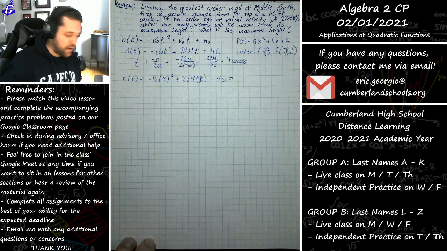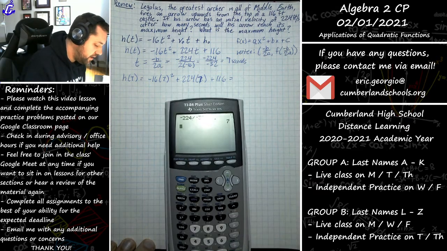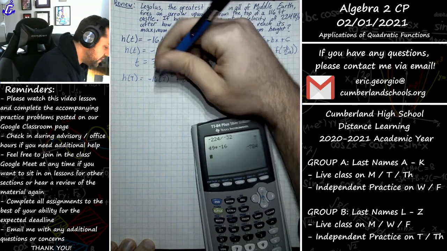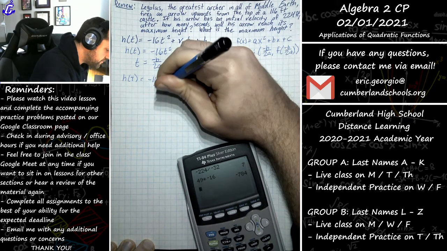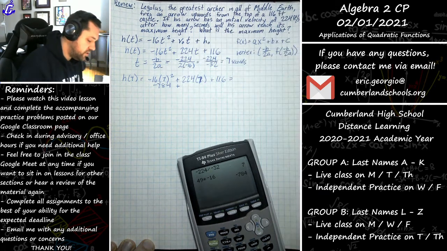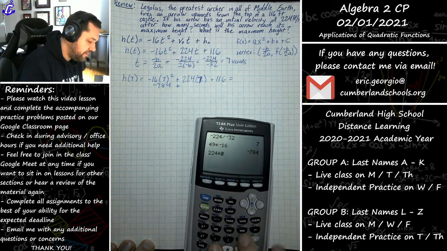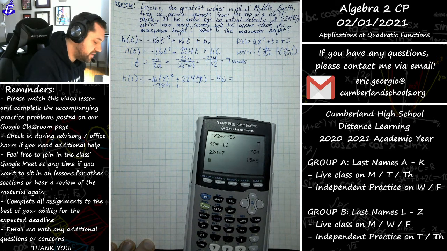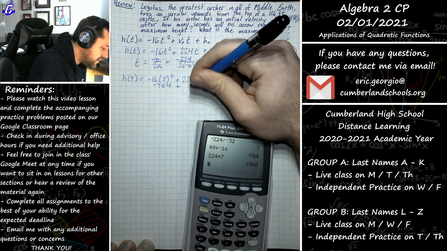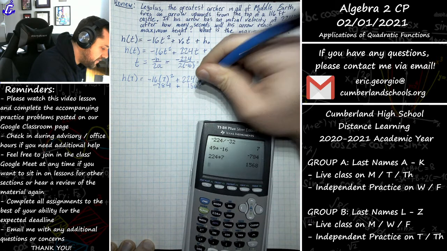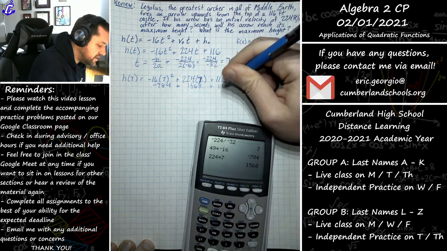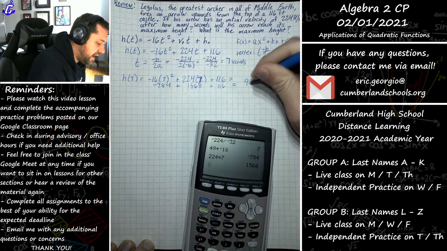And with a little bit of calculator magic, we can figure that out here. 7 squared is 49 times negative 16. We'll get negative 784 for that first term, plus 224 times 7, that's 1568, which I believe will give us now positive 784, and then plus 116, I believe that comes out to be 900 feet.